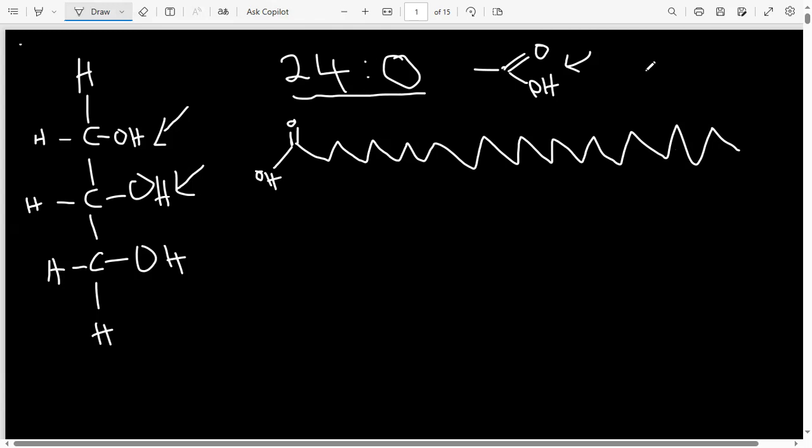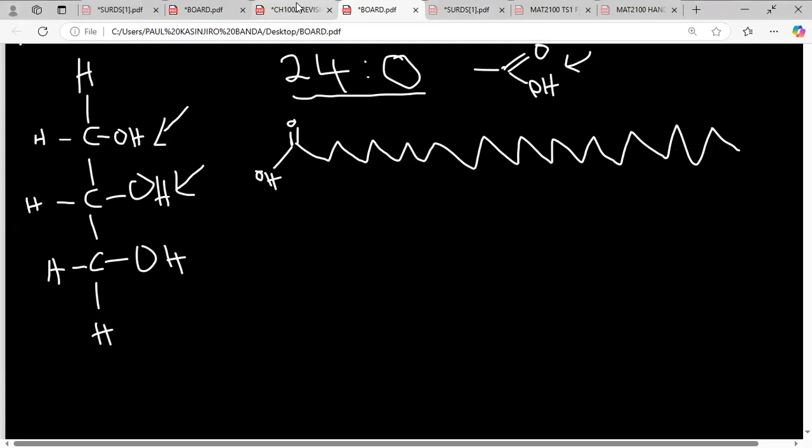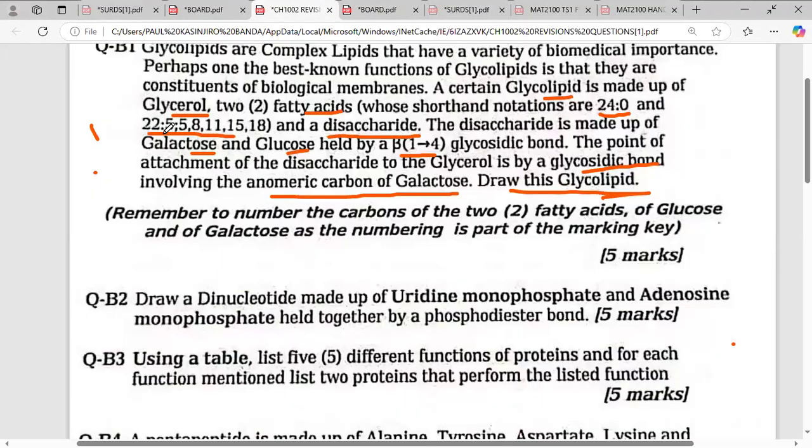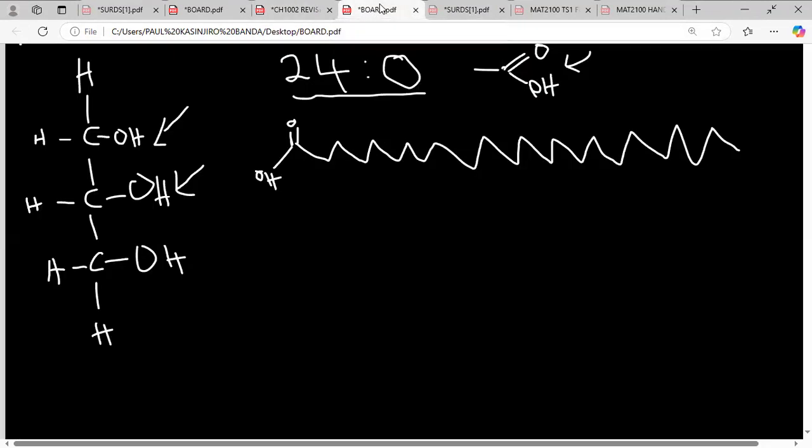And then the second fatty acid, we were told that it's what? Let's check here. We are told this is 22:5, meaning it has 22 carbons, and then it has 5 double bonds. Those 5 double bonds are placed at carbon number 5, 8, 11, 15, and 18. So that's what we are going to draw.